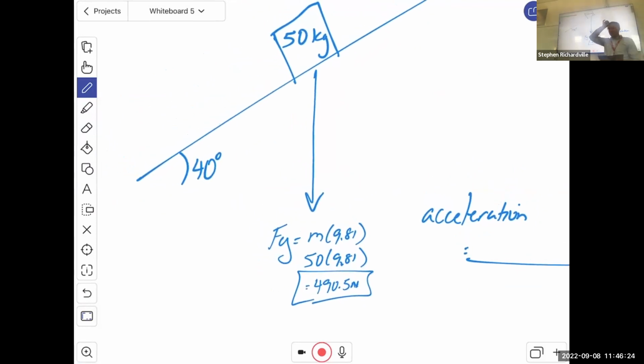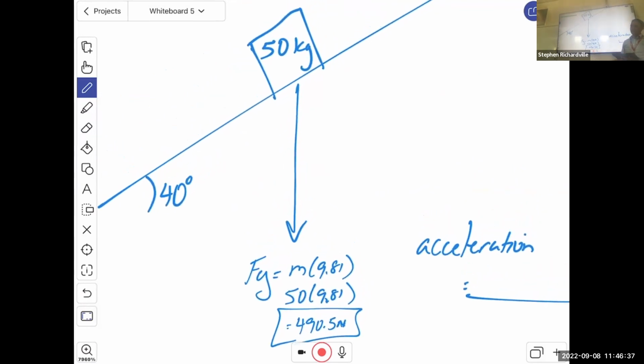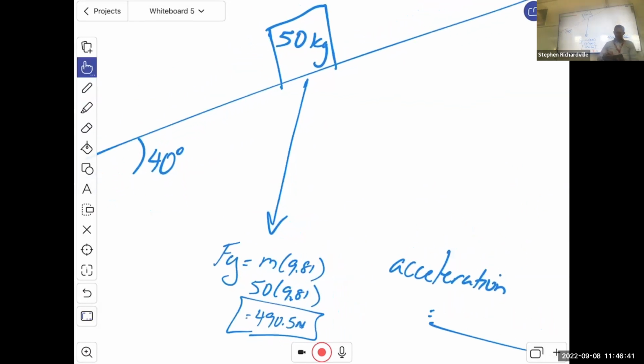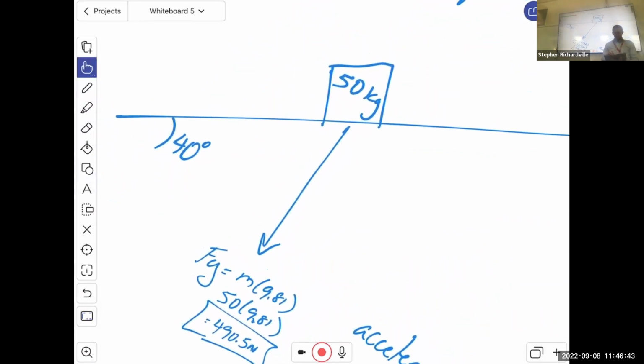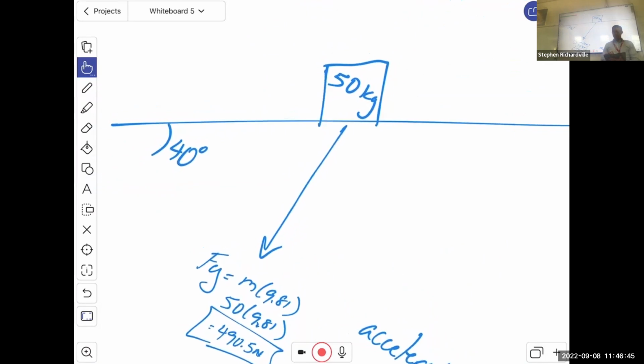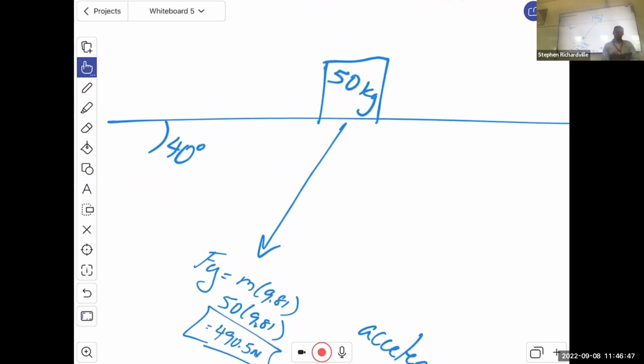Now here's what's tricky. Not all of that is making it accelerate, because if it was, it'd be 9.81. But it's not accelerating at 9.81, it's not in free fall. So what I've got to do now, and this is going to be a little bit funky, I want to kind of mess with this a little bit. What if I turned it like this? Don't necessarily do this other than if you have paper, you could do it.